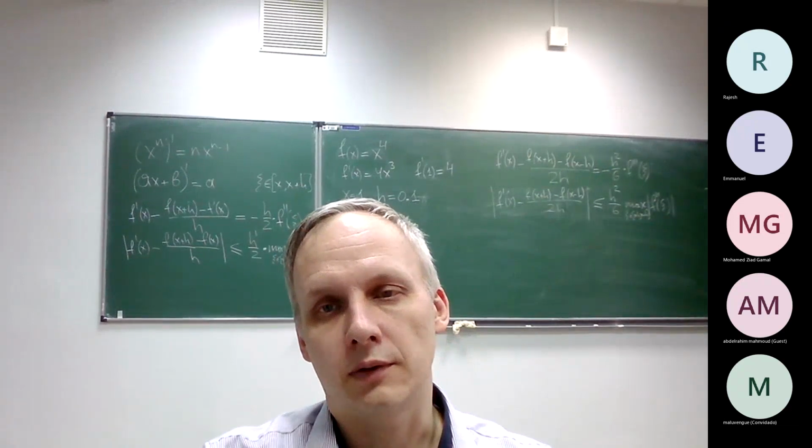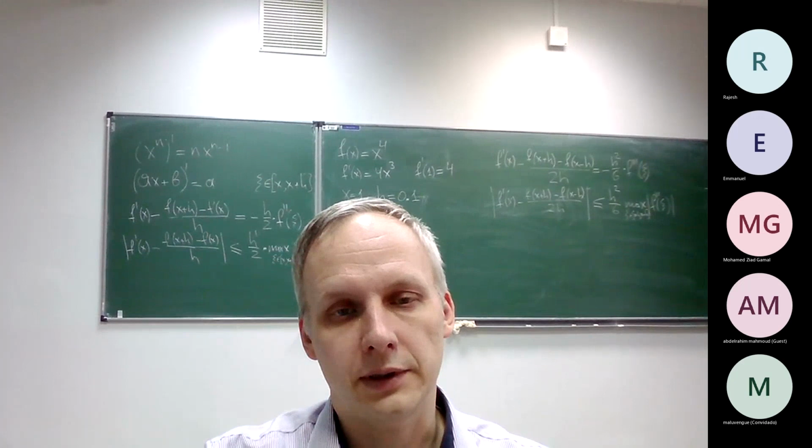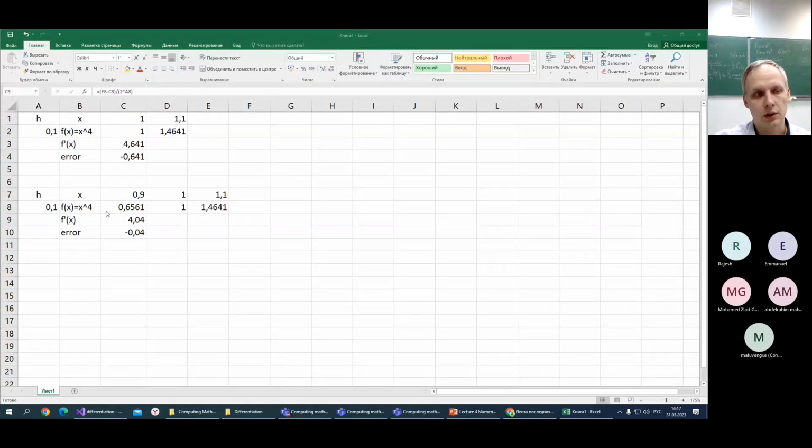Let's discuss the correct solution. Again, I solve this problem in Microsoft Excel. And again, we have the step h, 0.1. We have 3 points, 1 plus h, 1 minus h, and 1, which are 1.1, 0.9 and 1. And these 3 values are x power 4 at the corresponding points.